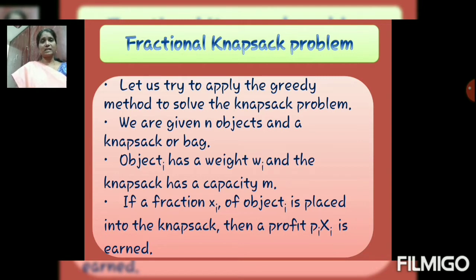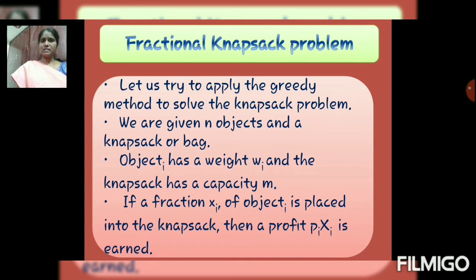One is fractional knapsack, another one is 0 or 1 knapsack. In fractional knapsack, you can pick a weight in portions also. For example, if the bag's capacity is 10 kg, you have tomatoes and sugar. You have 10 kgs of tomatoes and 10 kgs of sugar.